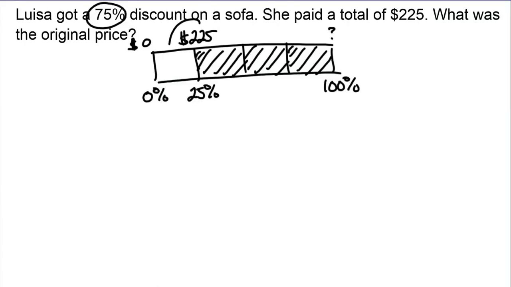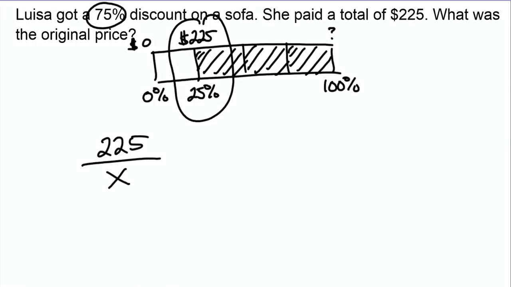Now I'm going to use these numbers right here in my proportion. So I know that 225 is the part. I don't know what the whole is. That's this right here. And that's going to be 25% out of 100. Okay, because I know $225 was 25% of the original price. What was the original price?